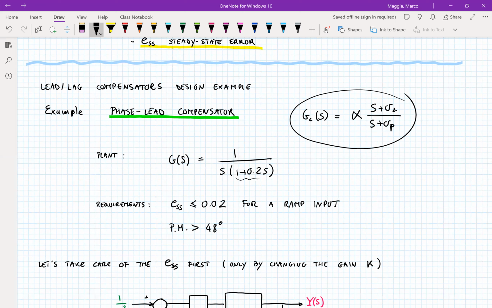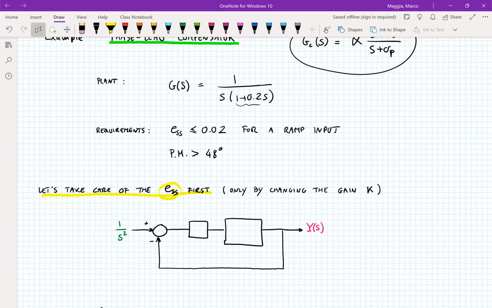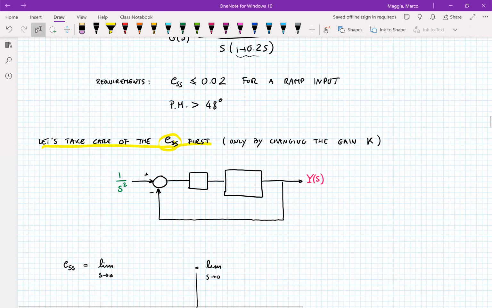So we have to take care of the steady state error first, before designing the compensators. And that can be done by changing the gain, or let's see if we can do that. Here I'm also assuming that we have a constant gain that we can change. So let's say we have K, and then we have our plant, 1 over s times (1 plus 0.2 s).